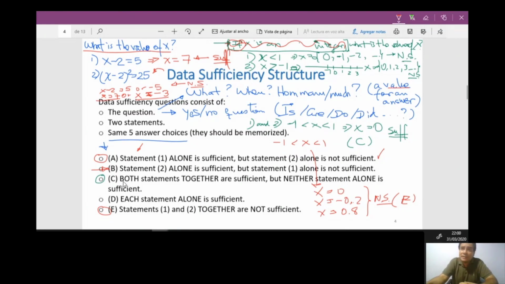Of course, that implies that previously you have evaluated statements 1 and 2 on their own, each one of them. But if together it is not sufficient to answer the question in a unique way, then you have to mark option E. Statements 1 and 2 together are not sufficient. Okay?